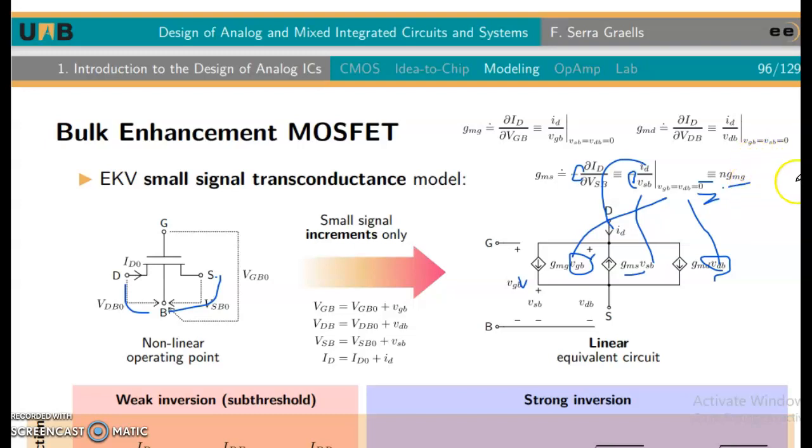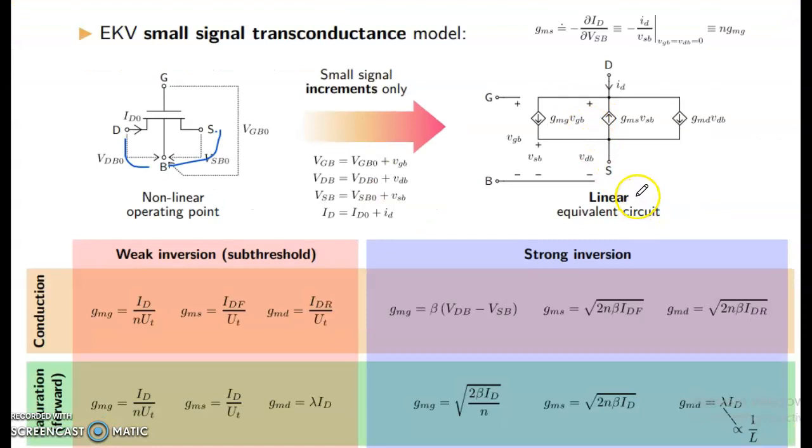Then here VGB we have already seen, gate-base, GMG VGB. For this GMS, VSB.